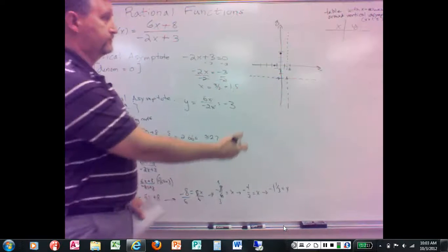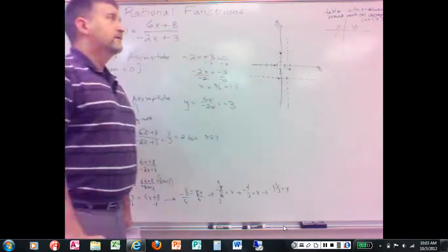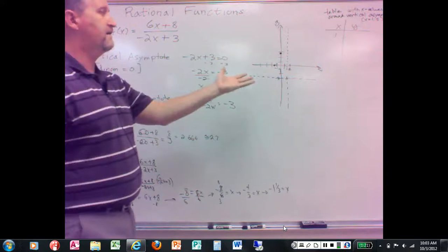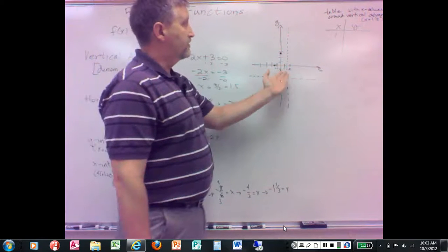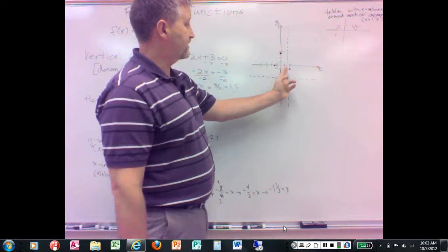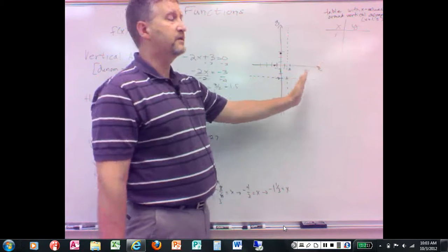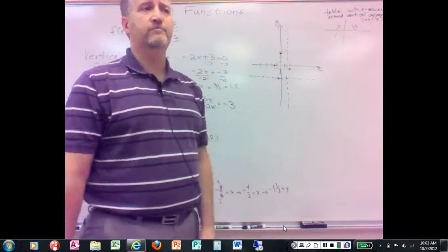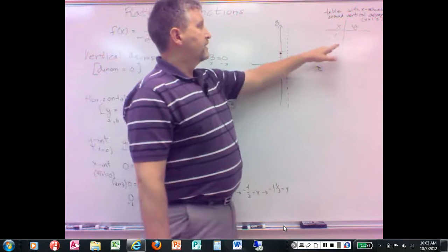Some good values around x equals 1.5. Well, x equals 1 would be a good one. And what I mean by around, do at least 1 point on either side. On this case, I don't have any points on the right side of the vertical asymptote, so I'd get probably a couple of points on the other side.